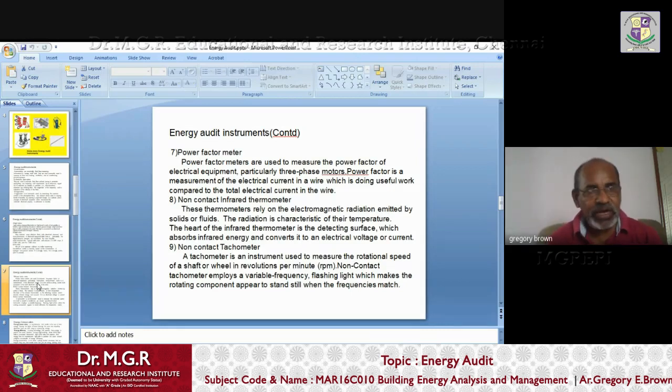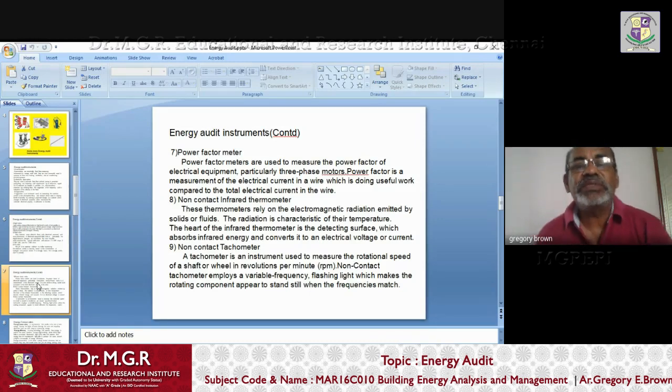That means let the total current be 100, 75 is doing useful work, for we are using the current for something, right? There is 25 which is not doing useful work because of the resistance of the wire, right? So that is the power factor, the useful against the total.